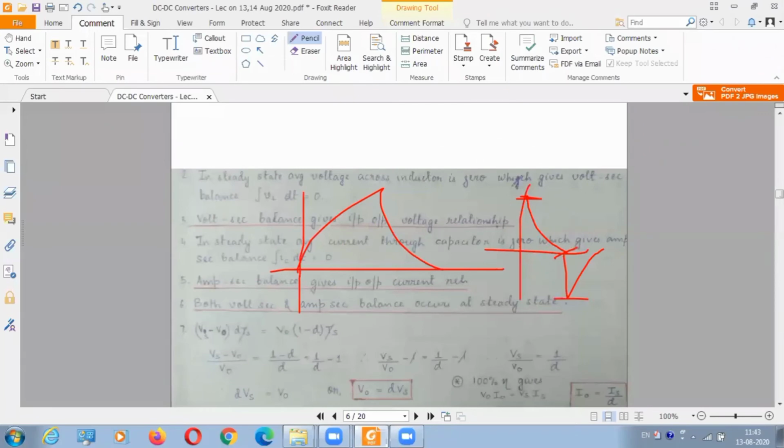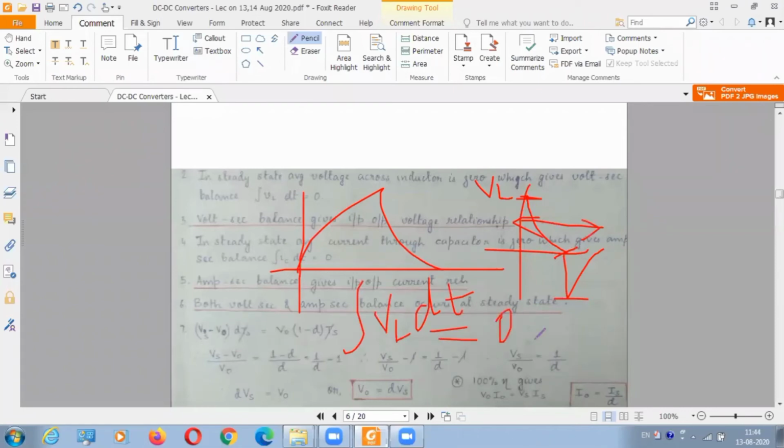The average voltage across the inductor, this voltage VL, is 0, because whatever charge it is storing, it is discharging. Whatever energy is stored over here, the same energy is released. So if I do the integration of VL dt over this whole time interval, I will get the value 0.